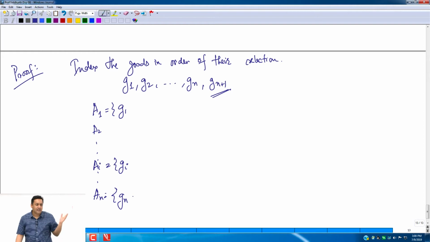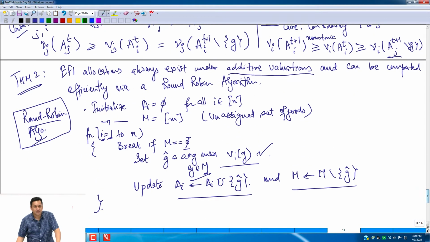That's just an indexing, right? I really don't care what the names or the identities are. I am just, for notational convenience, calling the good that got picked in the t-th iteration Gt, and so forth. So how many times will this algorithm iterate?